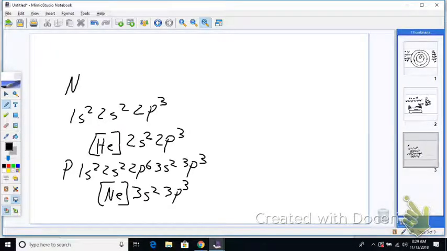See how much easier it is? I don't have to list out all of the elements preceding phosphorus. The reason we do the abbreviated version is that in the future, we are only concerned with the outer electrons, and these are the outer electrons. So phosphorus and nitrogen, how many electrons do they have in their outer level? 5.